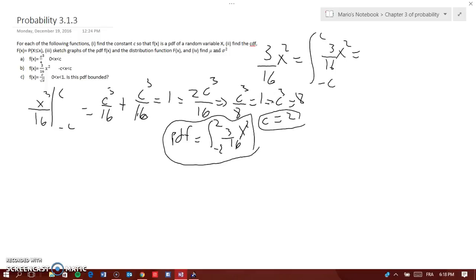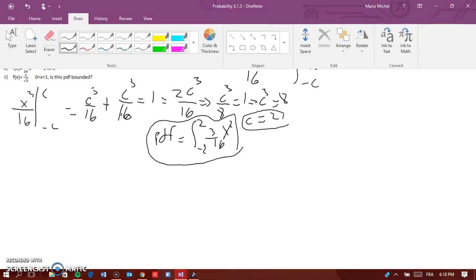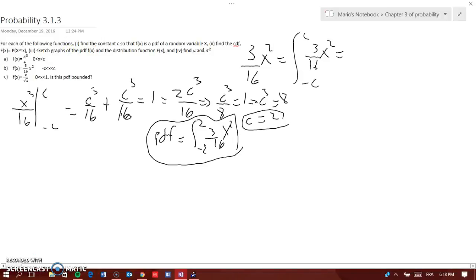So now the CDF. We know that the CDF is the other part of this function. Instead of that, we would have the integral from negative x all the way to x, because we replace the c by x, of 3/16 t squared dt.